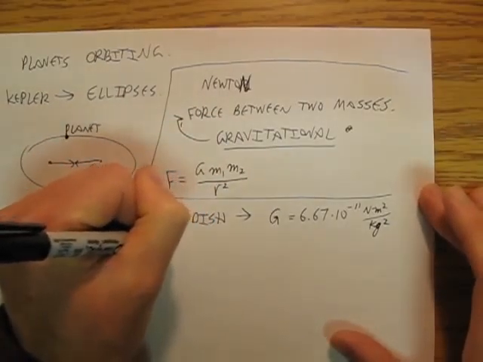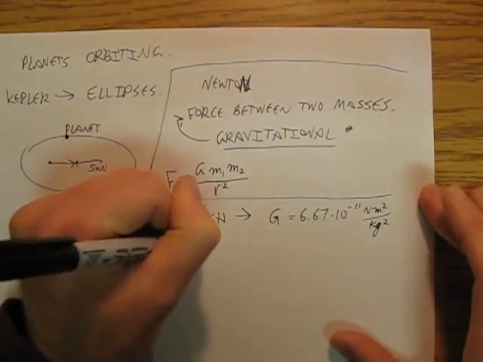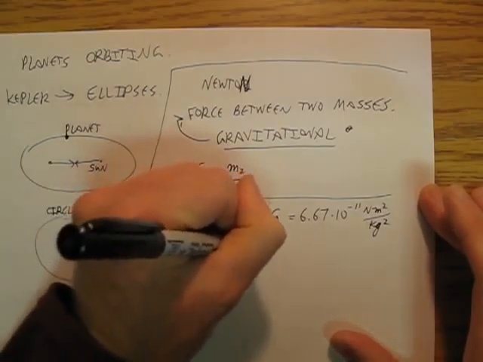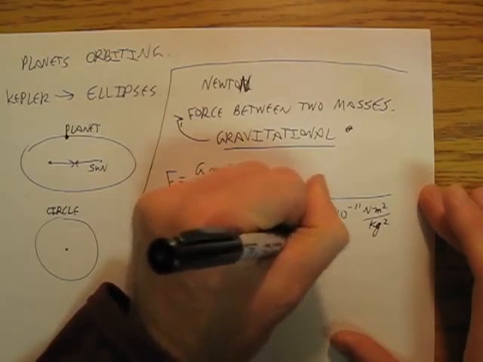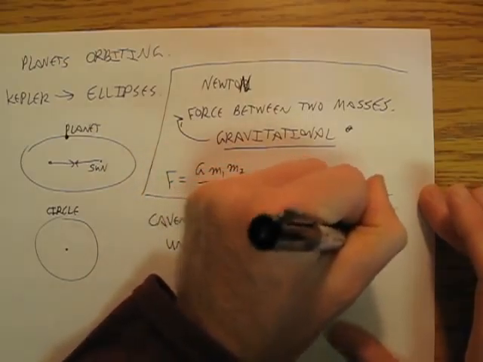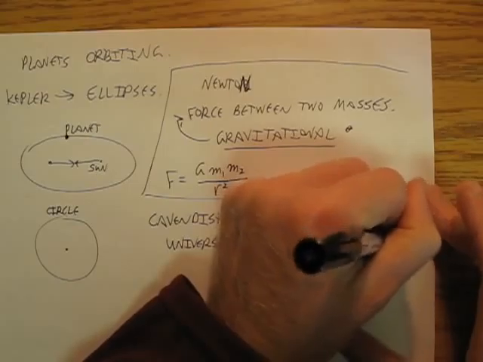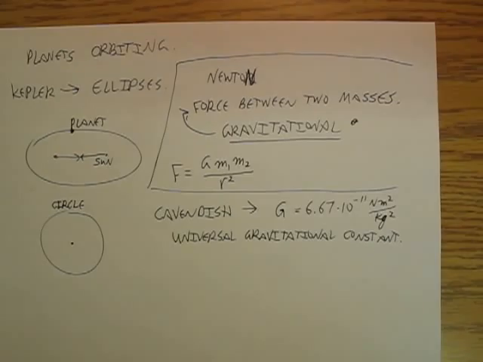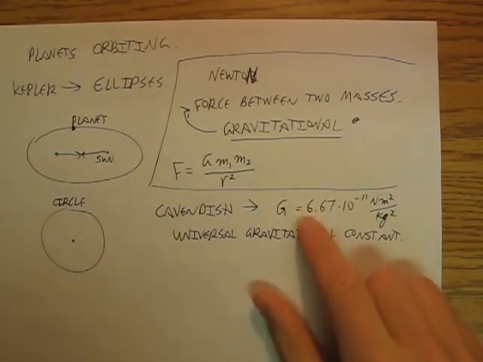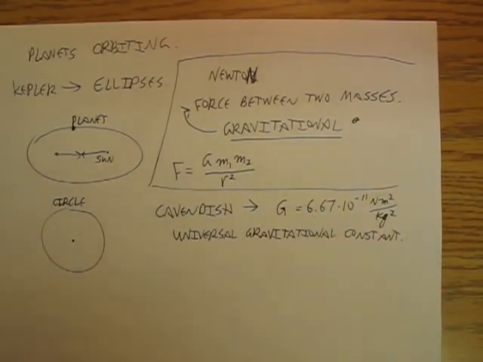And that is the universal gravitational constant. At least we hope so. We sincerely hope that G is the same at all points in the universe. If it's not the same in all points in the universe, we have some thinking to do.